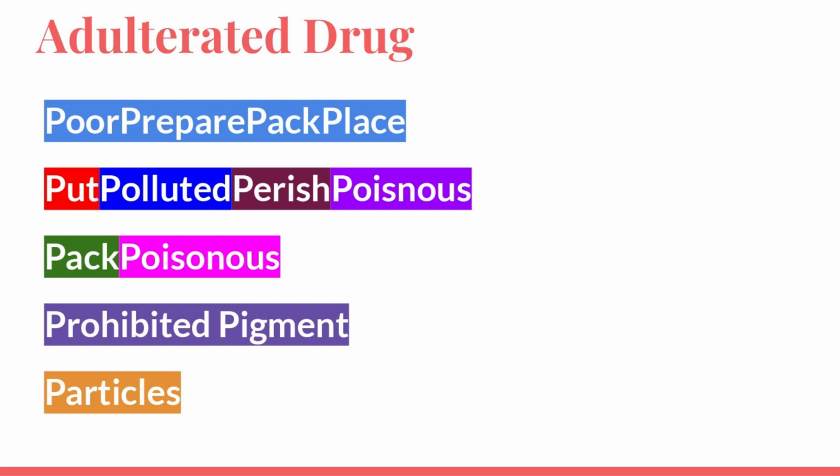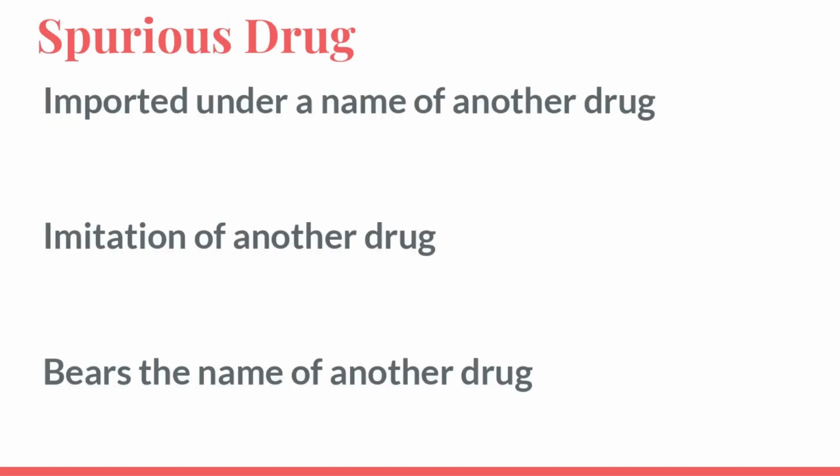Finally, the adult person may add some unwanted particles, which decrease the strength and quality of the product. To remember the definition of adulterated drug, you remember the term adult person and all words start with the letter P. Hope this trick will help you.